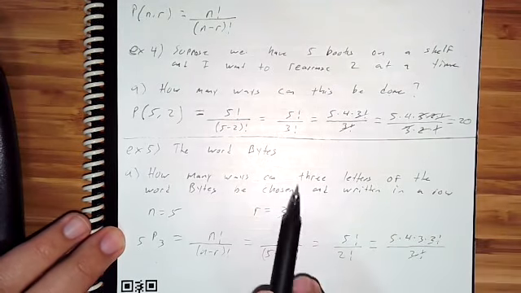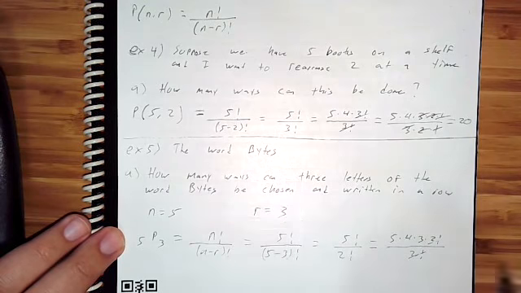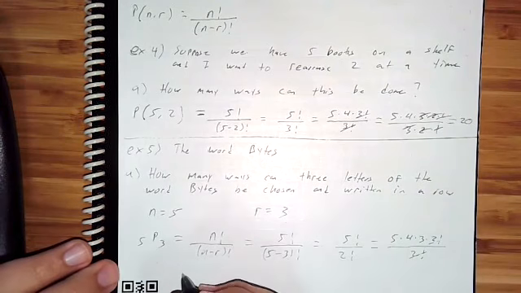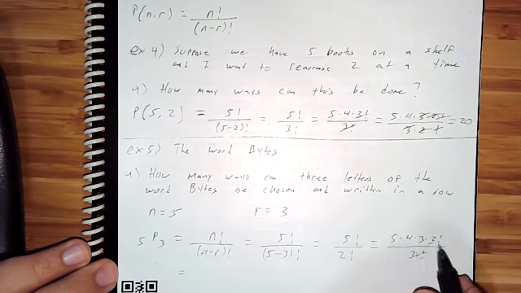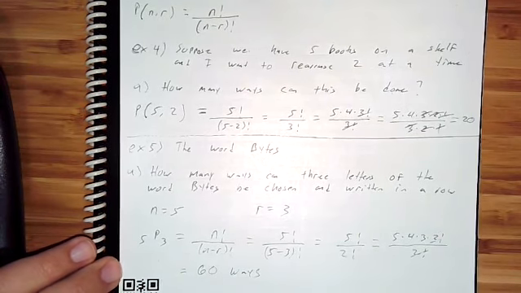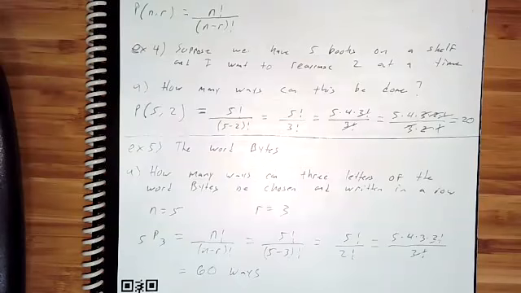So we can arrange the 3 letters in the word bytes, taking 3 at a time, in 5 times 4 is 20, times 3 is 60 ways. Anyway, that's how permutation works. Whenever order is important, use this formula. If you take all the items at once, then just do n factorial.